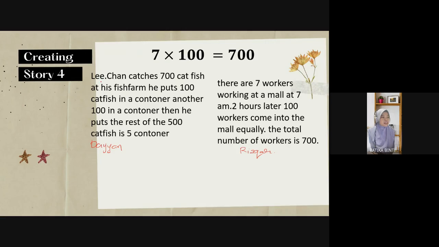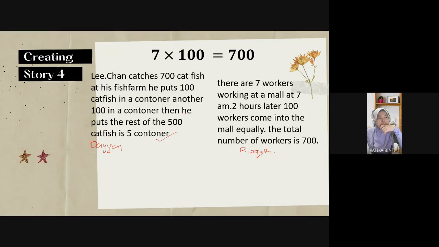Diane's story is like this. Lee Chan catches 700 catfish at his fish farm. Full stop lah. He puts 100 catfish in a container, another 100 in a container, then he put the rest of the 500 catfish in 5 containers. Where is this? Okay. Now class. Now look.